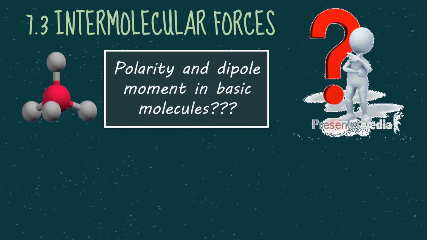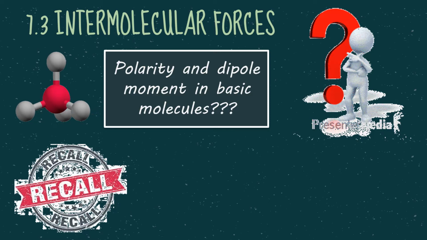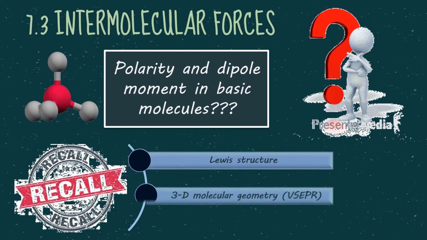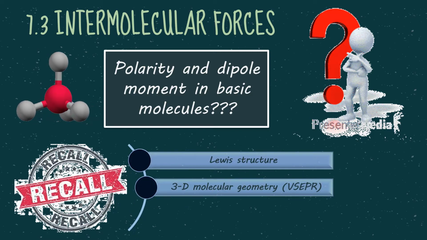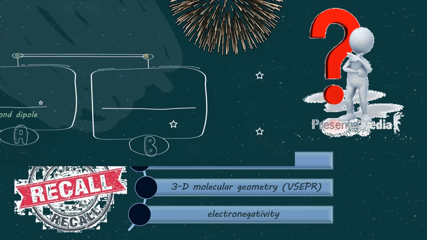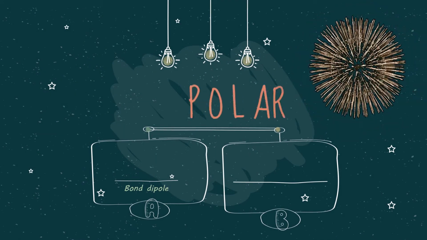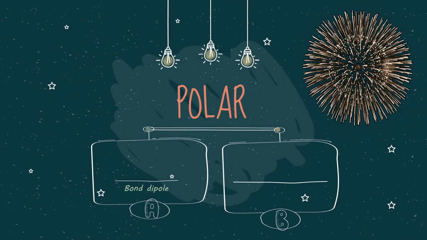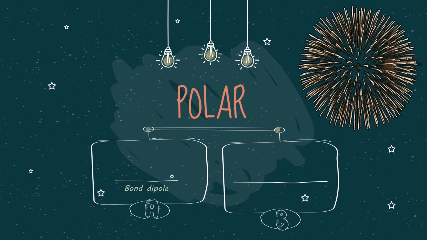molecule. Before we go further, things you should know are Lewis structure, molecular geometry based on the VSEPR theory, and electronegativity. Two terms that you will frequently hear in this video are polar and non-polar.